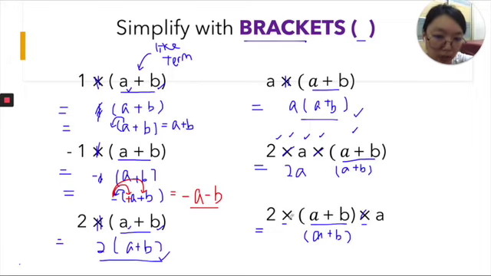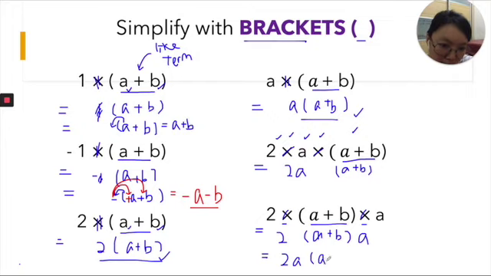Take away the times. And now, I put it down, I have 2 and a at the back. If this is the case, we will always arrange in this way, number, alphabet, then the slightly long bracket ones at the back. Answer is 2a times a plus b.